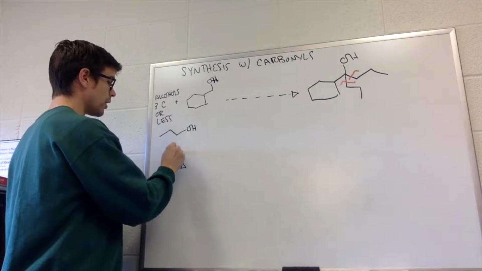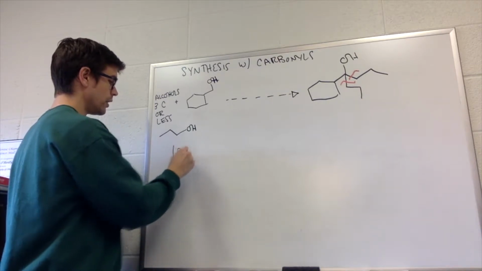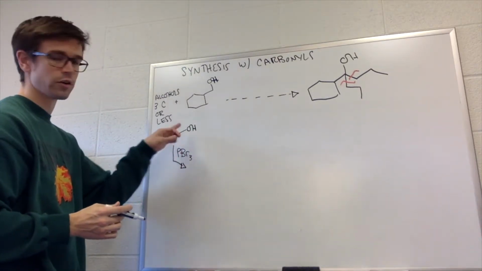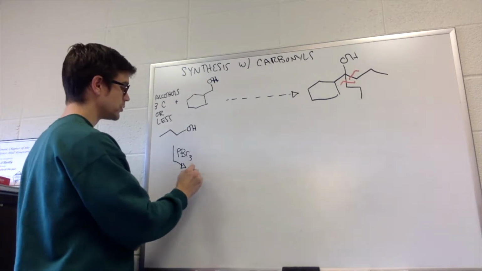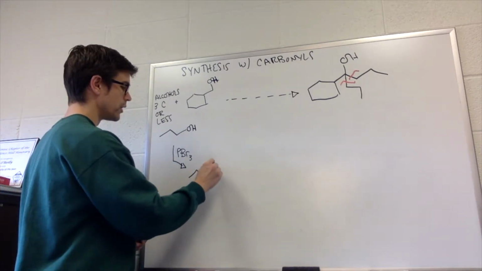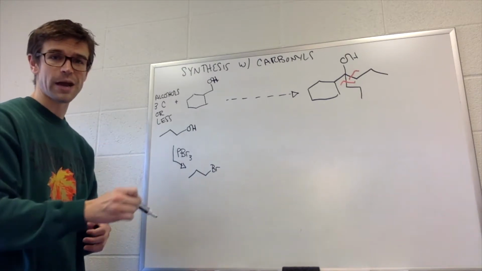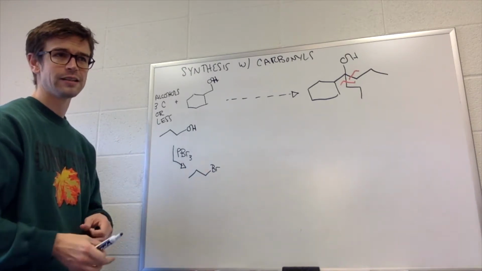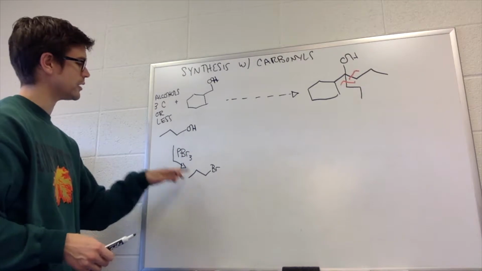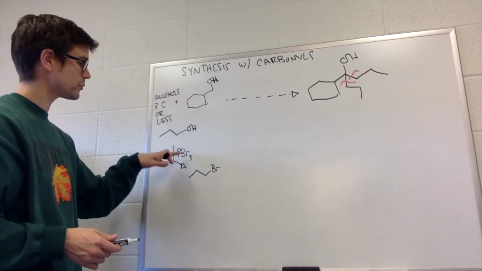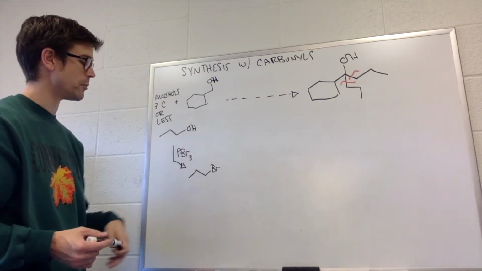We'll use PBr3. One of these bromines is going to replace the OH. It's a substitution reaction. If you're interested, it would probably help you understand it if you go back to chapter 9, the last third of the chapter, where you're going to see PBr3. So that transforms the alcohol into the bromide.